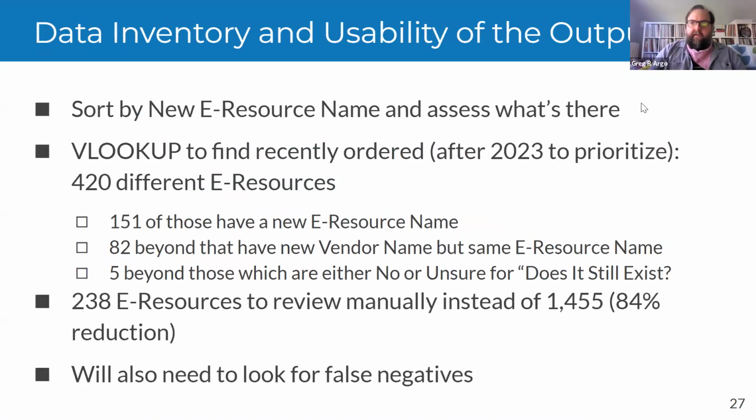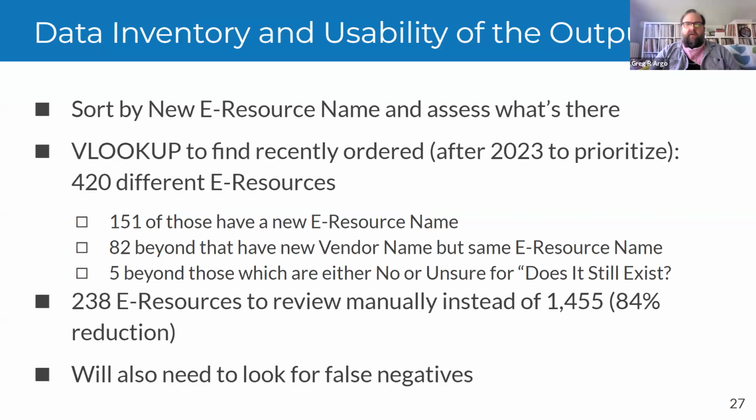Okay. Thanks, Simon. So at this point, we've got the spreadsheet with all the new information in it. We needed to figure out how to prioritize it. So we decided to sort by the new e-resource name column and assess what's there. To prioritize, we also wanted to know which of these have actually recently been ordered.